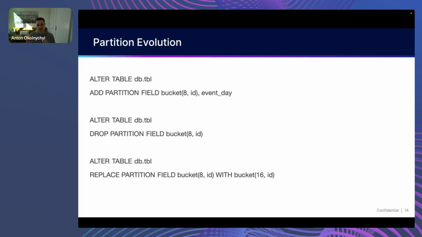What is even more, Iceberg tables can support multiple partition specs at the same time. So for example, if we create a table and then in 2 years the existing partitioning doesn't really work anymore for the incoming data, you can choose to evolve the partitioning spec. And you can do that by adding, dropping, or replacing partition fields.